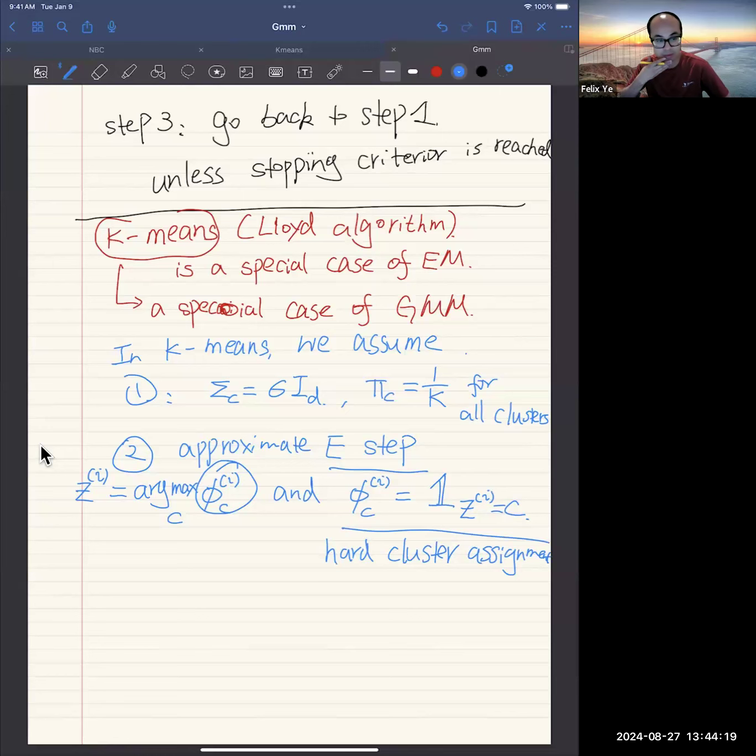And this analytical solution in the M step will reduce to our k-means iterations.